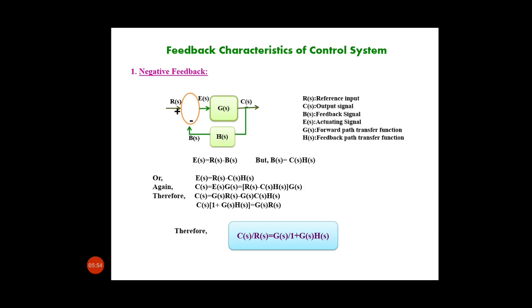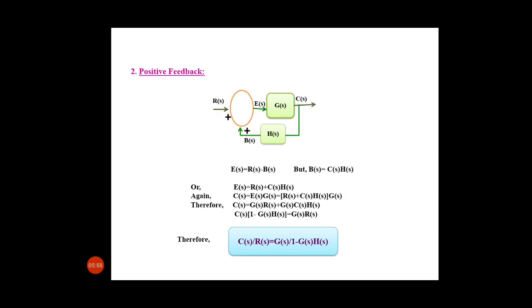And if we consider positive feedback, the transfer function is C(s) by R(s) equal to G(s) divided by 1 minus G(s) H(s). The difference between the positive and negative feedback transfer functions is only in the denominator.